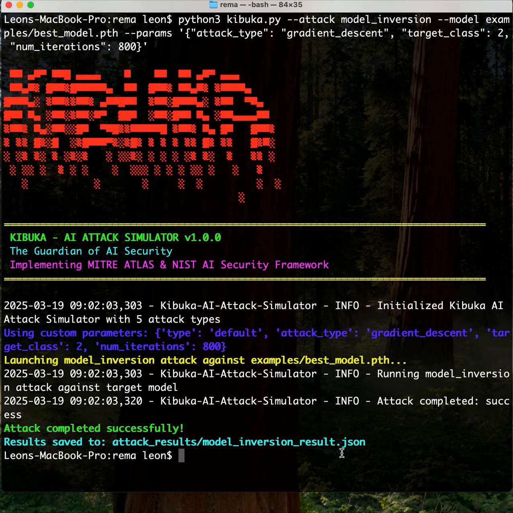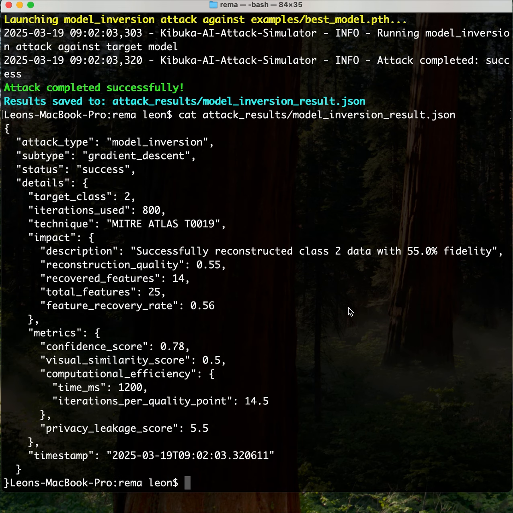And then, of course, what we want to see now is the results, because the results have been saved. So cat attack results. That's the reason why I was copying and pasting, so we don't have to waste time on my typing.